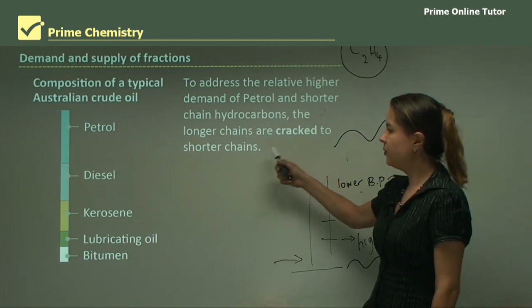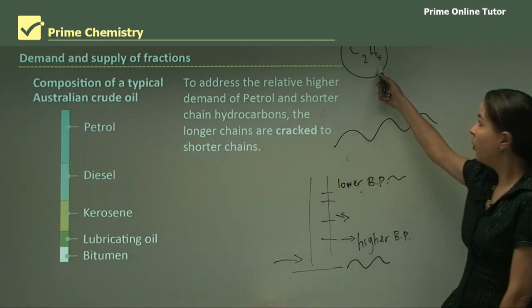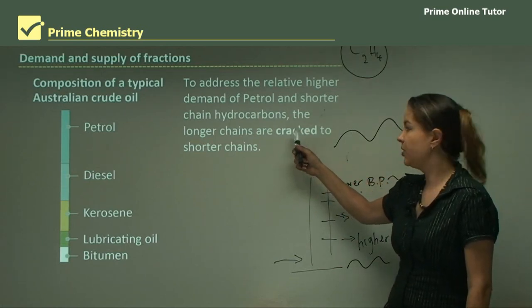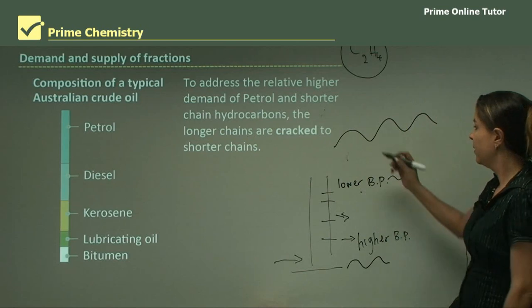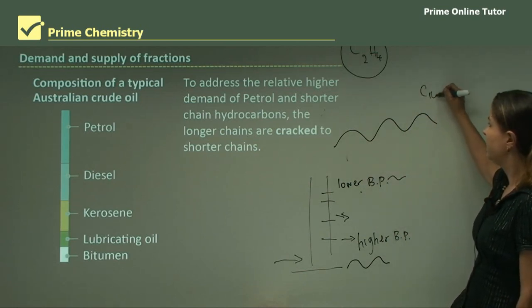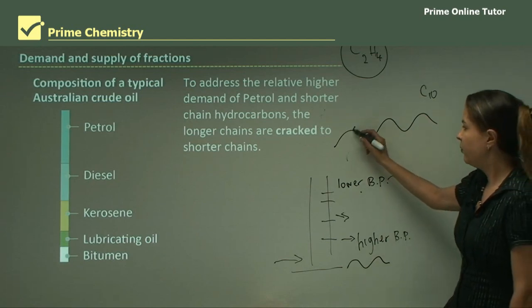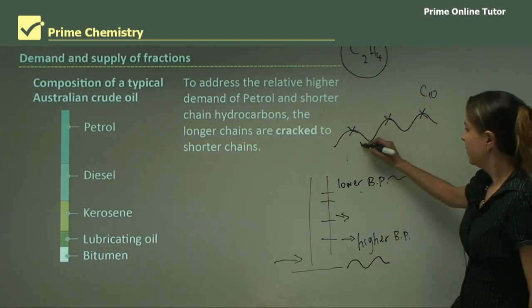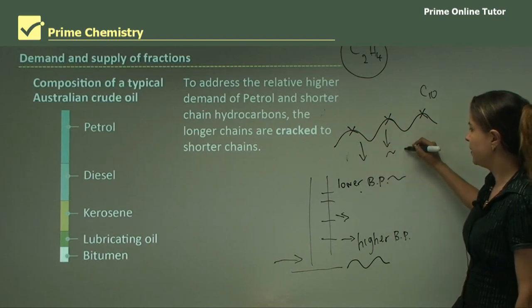So what we need to do to get shorter chains, or our target compound, ethylene, is to crack these longer chains into shorter chains. So if you imagine this as a long chain hydrocarbon, for example with 10 carbon atoms, if we crack it like that, for example, we can turn it into shorter chains.